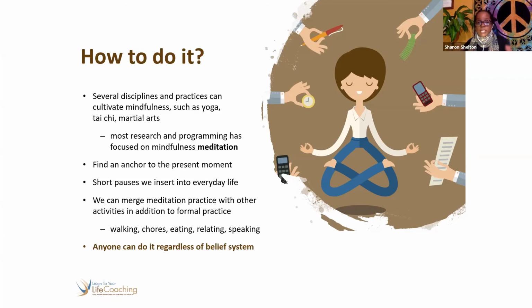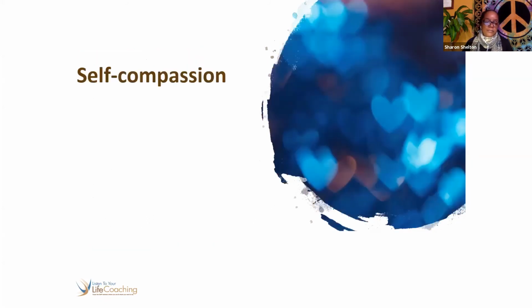So these are all ways that we can practice mindfulness. Again, it's really about how do we bring our attention back to the present moment, away from discursive thinking, so that we can be more familiar with that space where wisdom lives, where insight lives. And anybody can do it, regardless of belief system. Anybody can do it. So next slide, Jay.